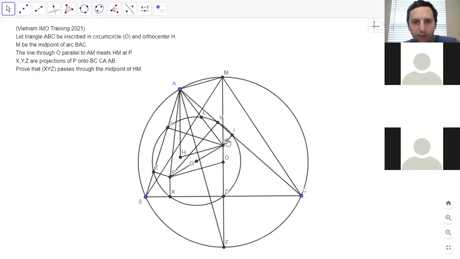So I guess we want to use that KB equals DF, or we could just use that this is a parallelogram.